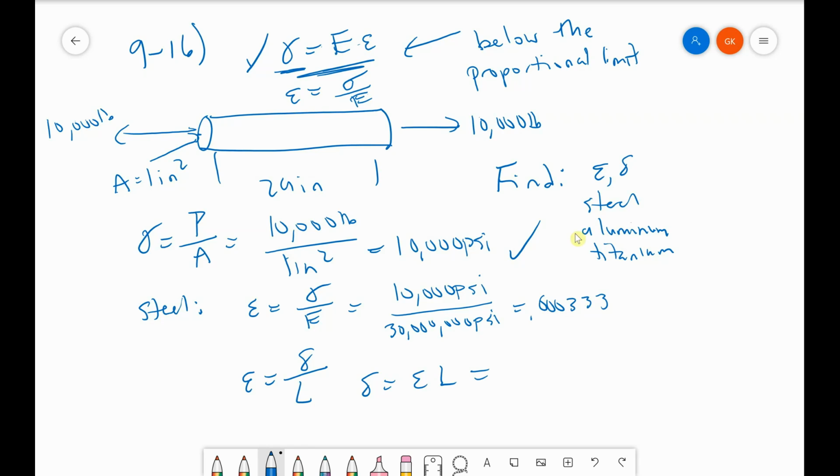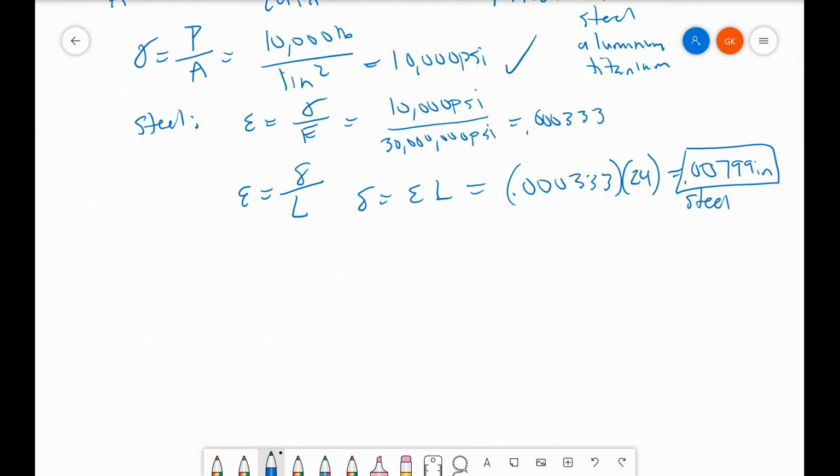So we plug all that in and we get 0.000333 times 24, and that's going to come out to be equal to 0.00799 inches. Okay, that's for steel. Let's keep on moving down here and we'll try it for the other ones.